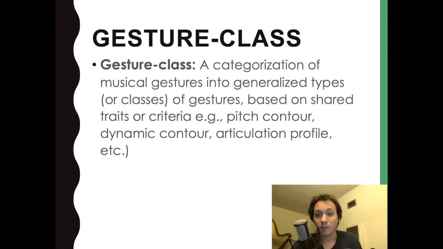These shared traits could be pitch contour, dynamic contour, articulation profile, energy profile, or any number of other characteristics. The utility of this classification allows for musical gestures to be compared to one another as discrete units.